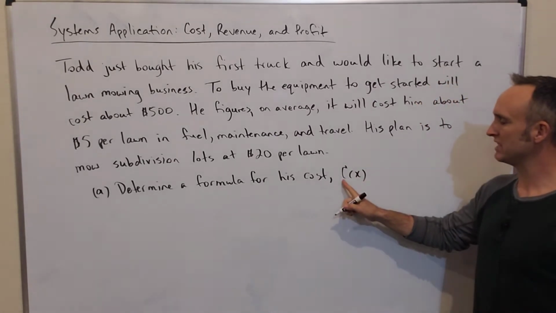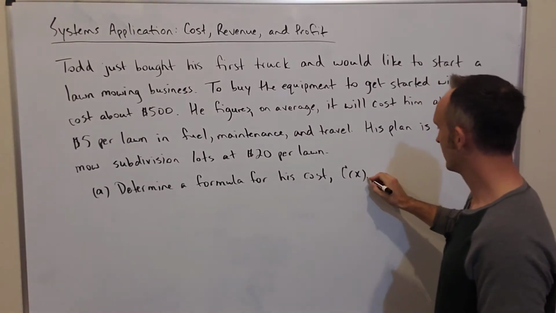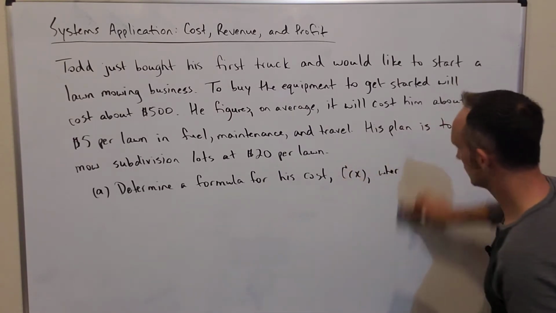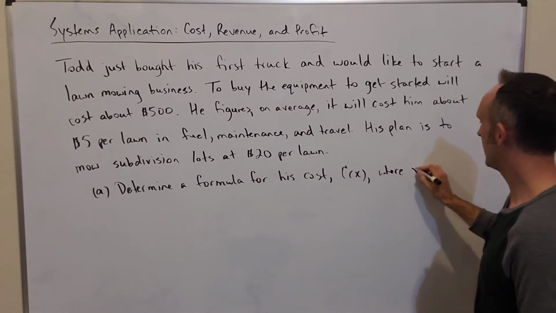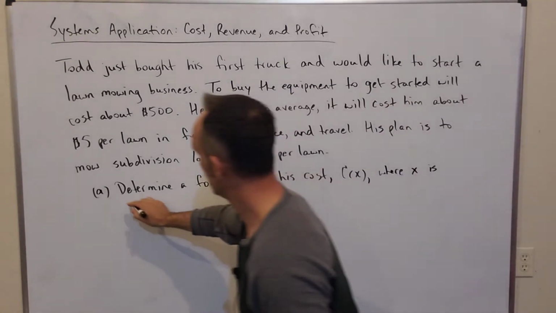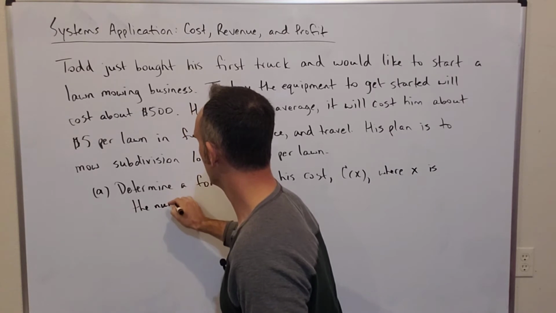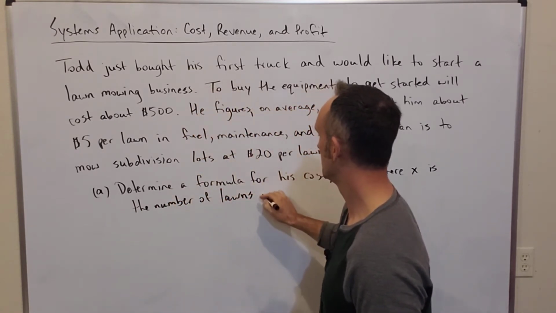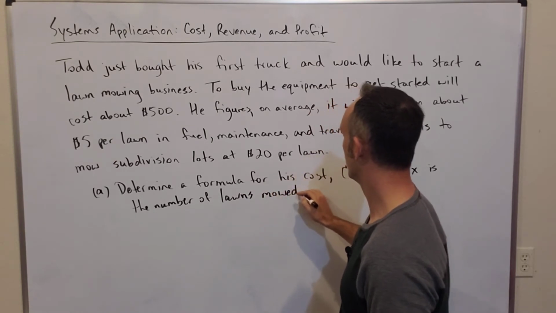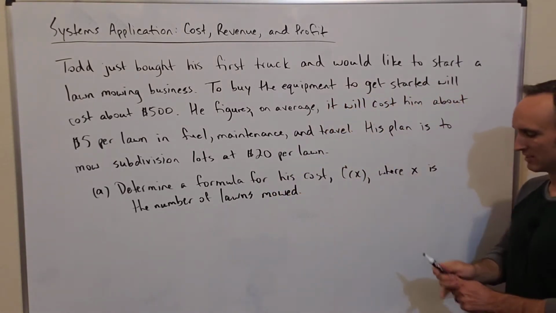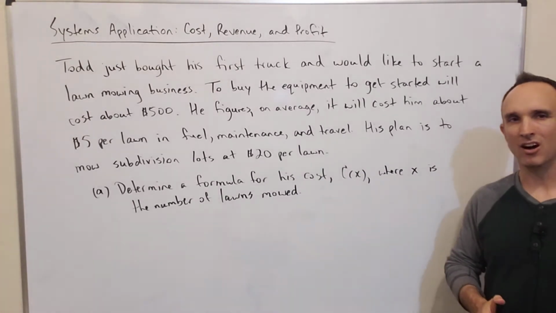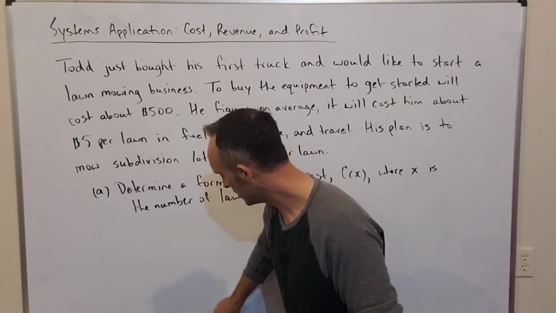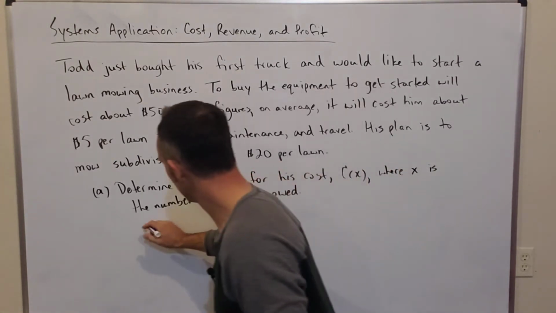We'll call it a function C with input x, where x is the number of lawns mowed, okay? So basically, if he mows x lawns, how much is that going to cost him?